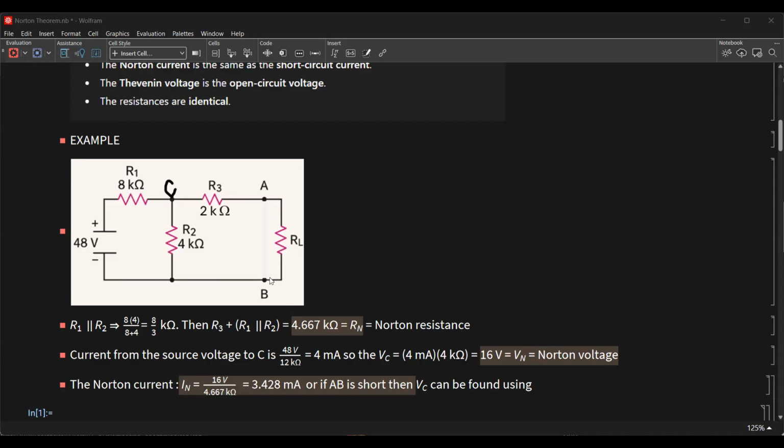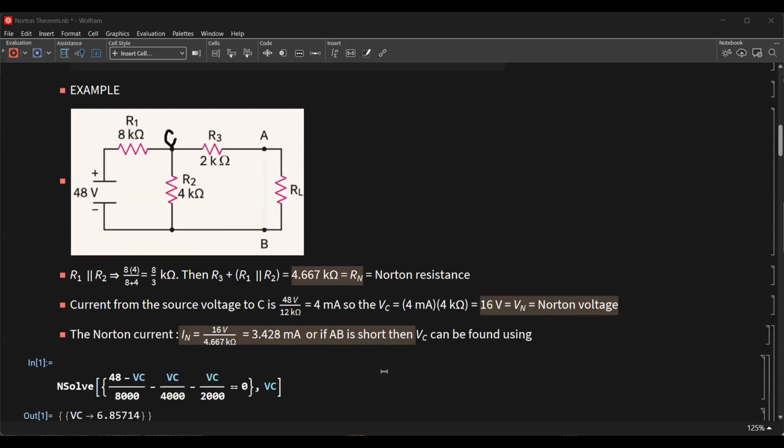We use the Thevenin theorem here to find the equivalent Norton circuit. So the Norton current IN is equal to 16 volts over 4.667 kilo ohms, equal to 3.428 milliamperes.